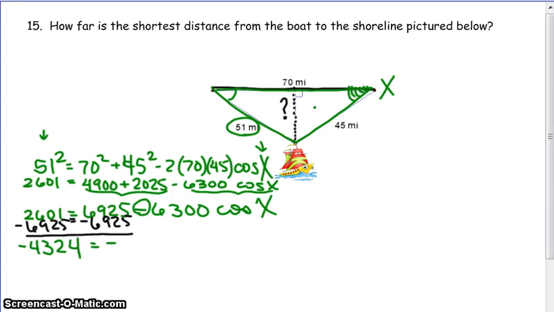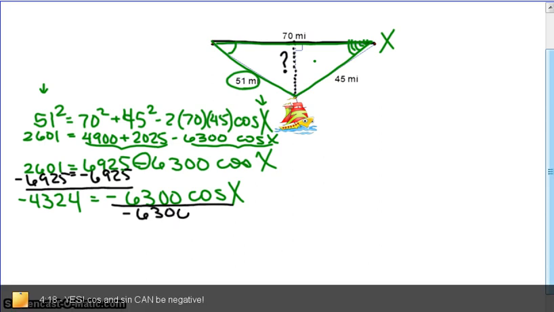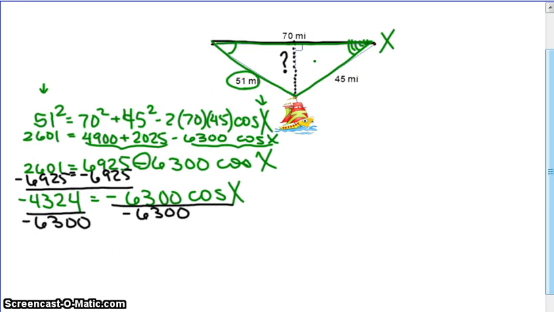This one's negative as well, 6300 cosine of x. So far so good. And as I continue now, I'm really going to need my calculator because my next step is going to be to divide both sides of that equal sign by negative 6300.